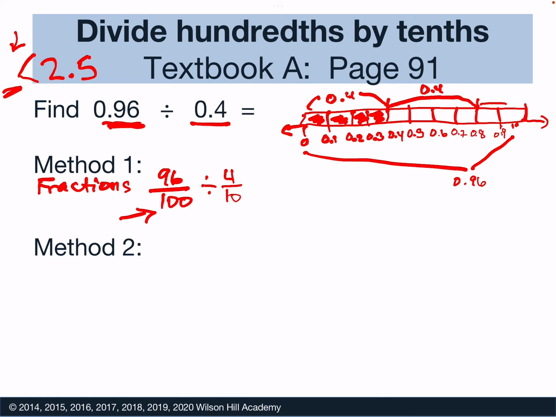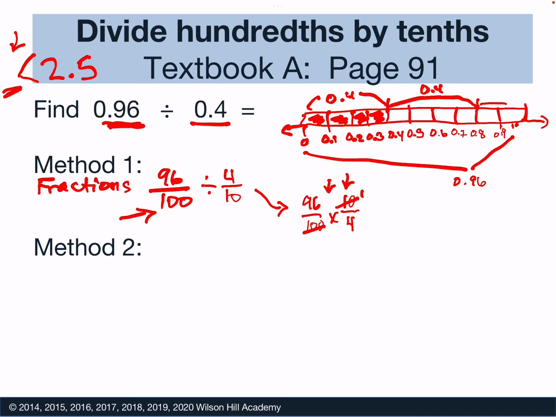We like to multiply by the reciprocal. So here we have 96/100ths times 10 over 4, an inverse operation with an inverted fraction, right? Here's the inverse operation, and here's our inverted fraction. And then we can simplify.